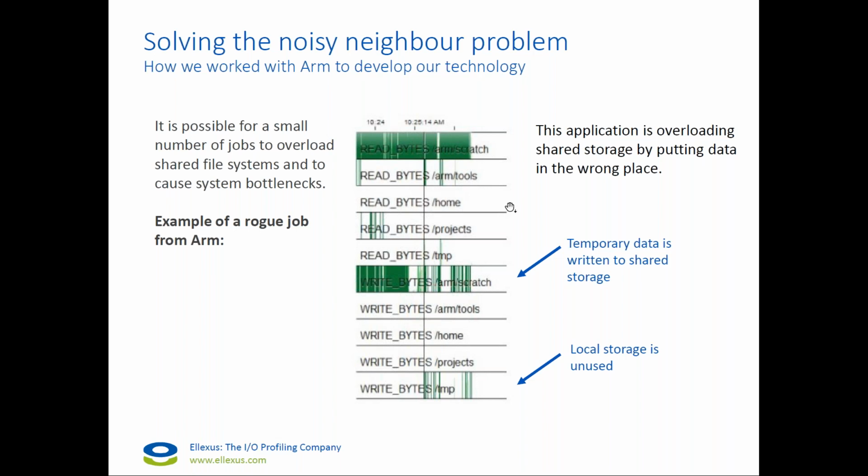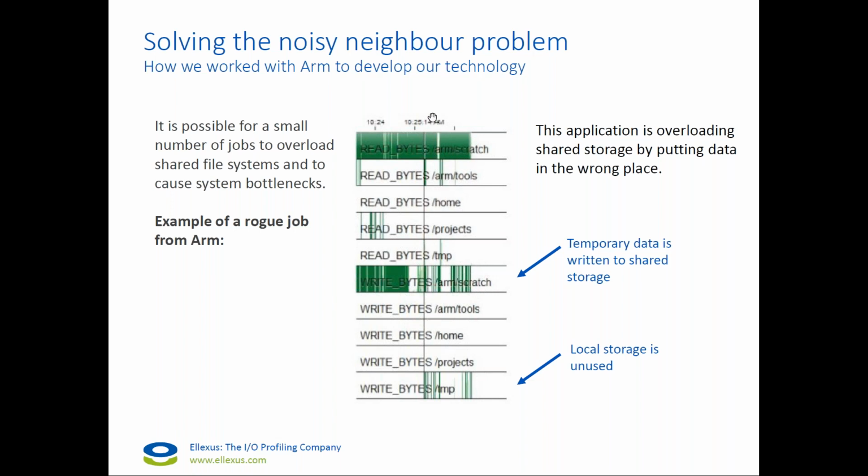The application itself is a third-party tool that's highly optimized. It does a lot of I/O, but it's supposed to. And it's supposed to store lots of its temporary files on /temp, which is local storage. These nodes have got a lot of local storage, and there's absolutely no problem with putting temporary files on there. But this application has been misconfigured to store temporary files on ARM Scratch.